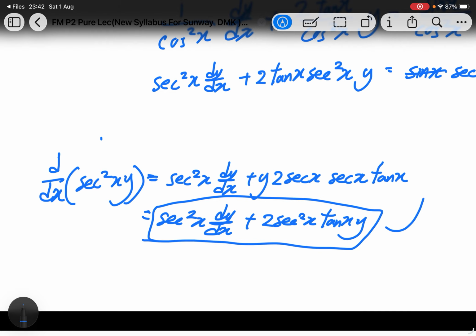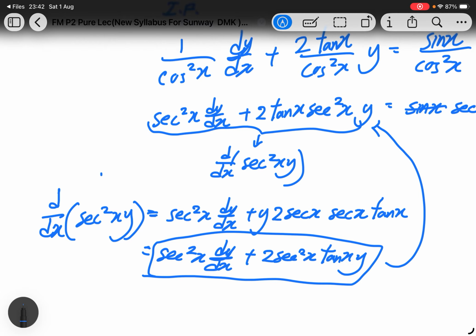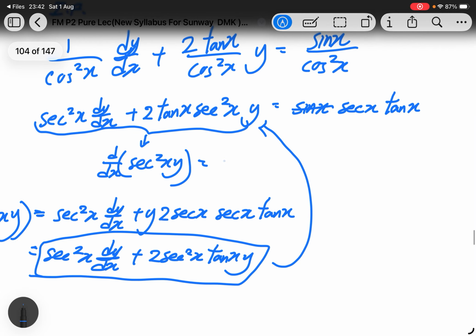See the familiarity? So again, I can convert this whole thing into d/dx of sec squared x times y, and it equals sec x tan x.